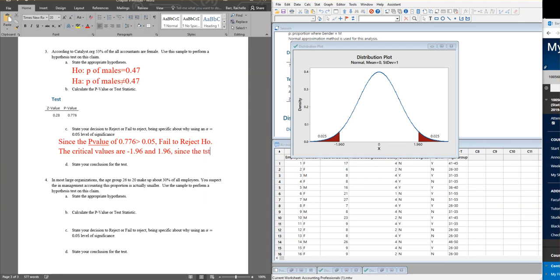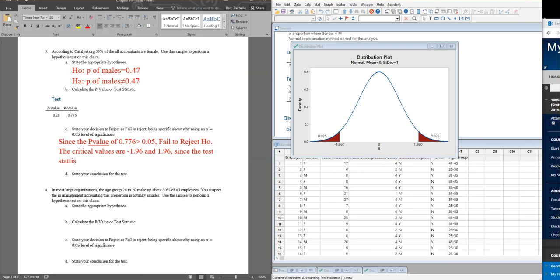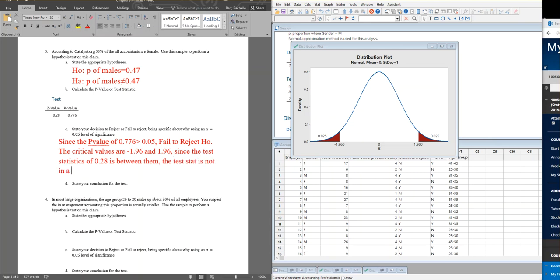Since the test statistic, 0.28, is between them, the test stat is not in a rejection region. Why can't I spell this today? So we failed to reject H0.